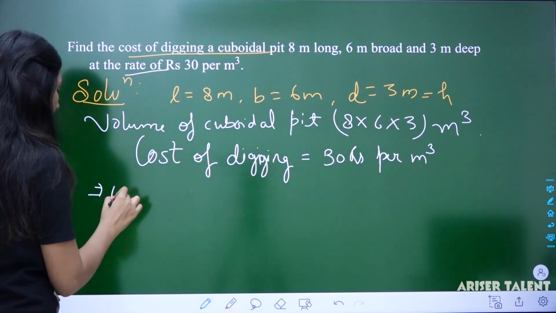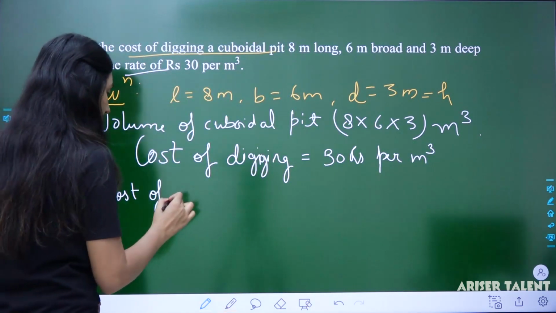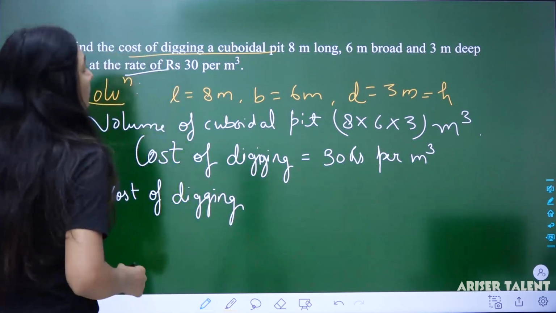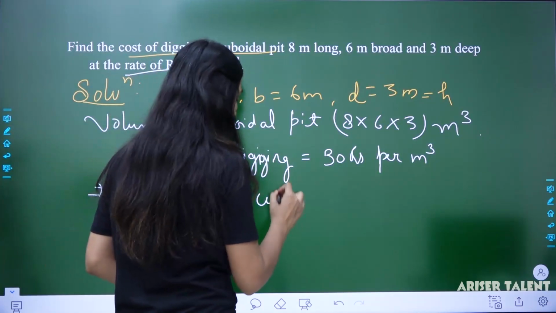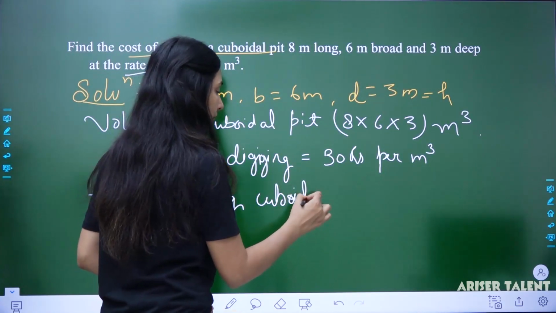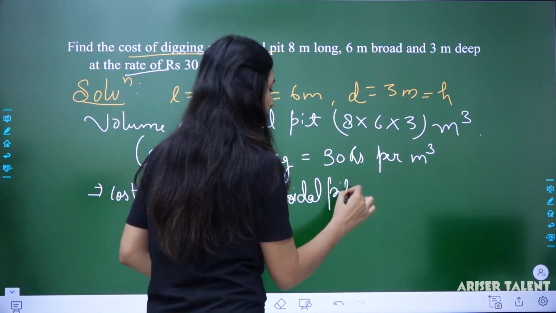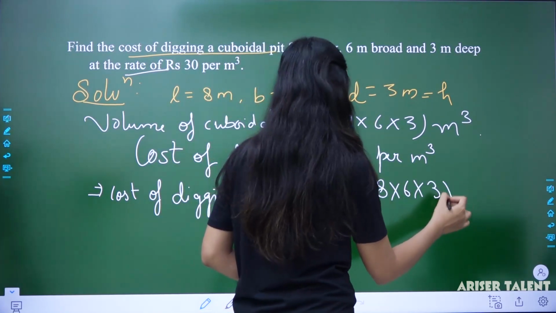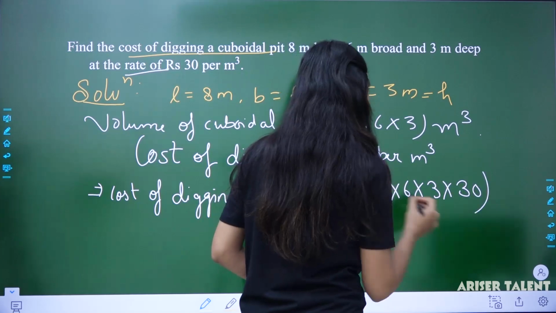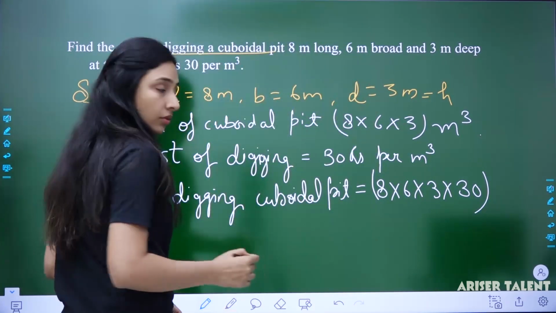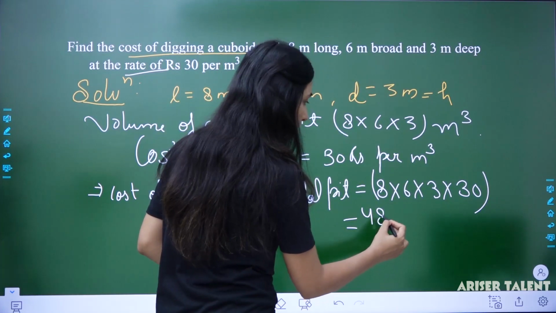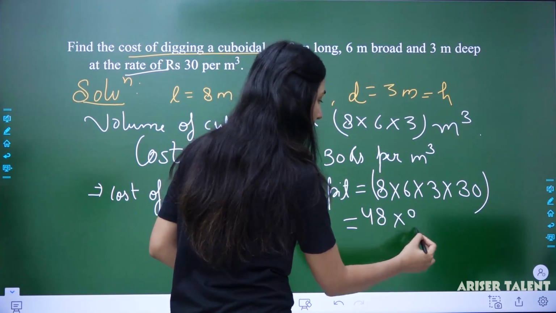This implies that the cost of digging the cuboidal pit is equal to 8 multiplied by 6 multiplied by 3 multiplied by 30. Okay, that will be 48 here, multiplied by 90 here.